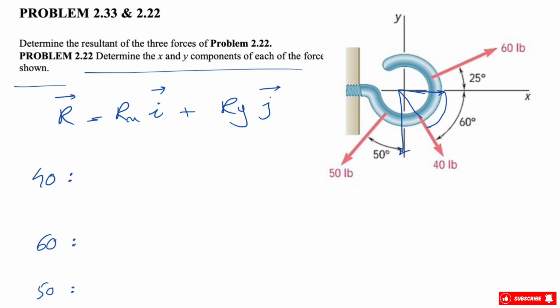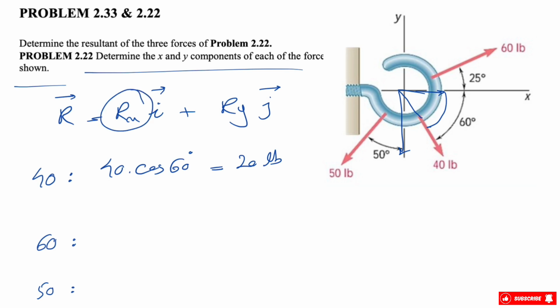So we have 40 times cosine of 60 degrees as the x component of the 40 pound force. If we calculate this, we know the cosine of 60 is 0.5, and 40 times 0.5 will be 20 pounds.